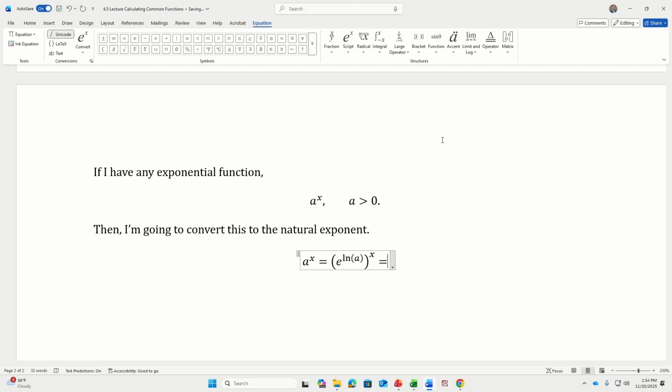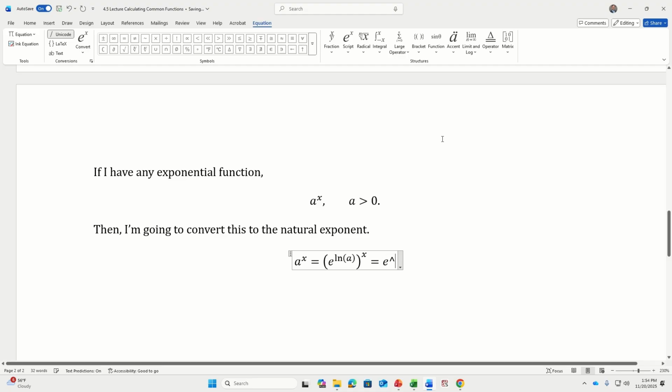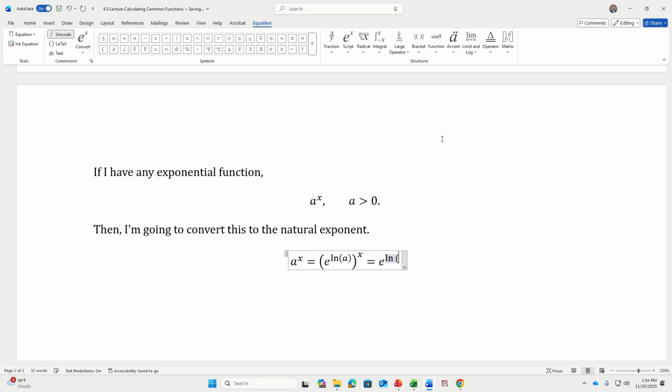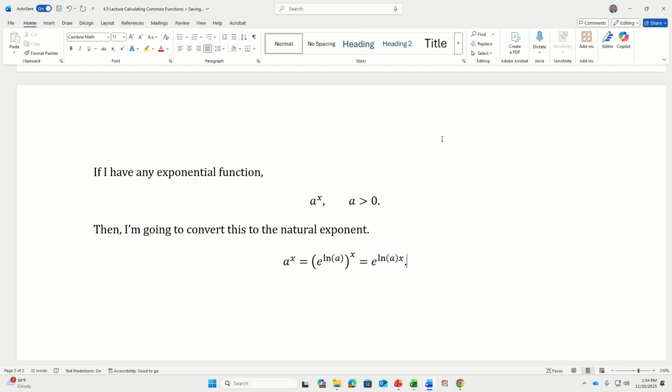And then there's a certain property of exponents that we're going to take advantage of, which is to say this is the same thing as e raised to the power natural log of a times x. So I just need to be able to calculate two things.